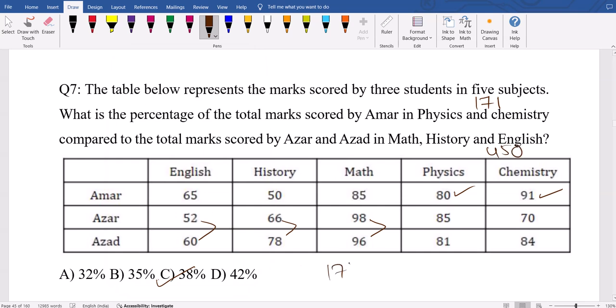So 171 divided by 450 into 100. If we calculate, we get 38 percentage.